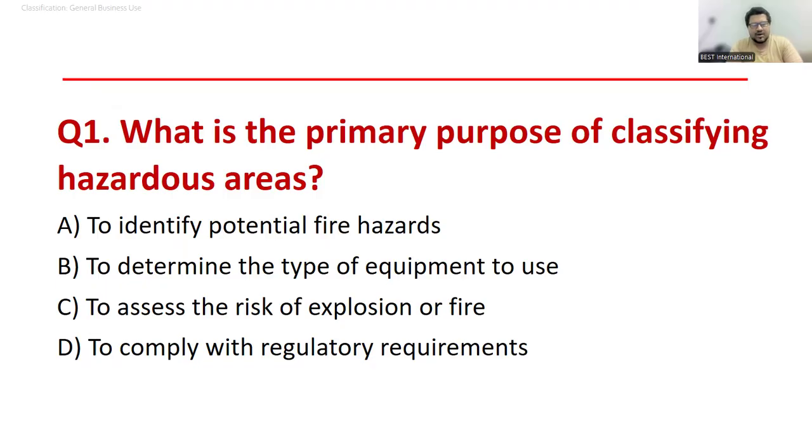Option C is to assess the risk of explosion or fire, and option D is to comply with the regulatory requirements. Sometimes you will feel all four options seem correct, but which one is most correct? That is your challenge, to choose the right answer.